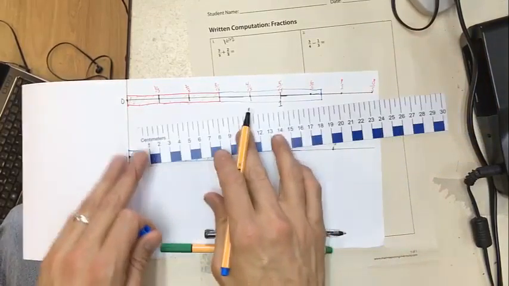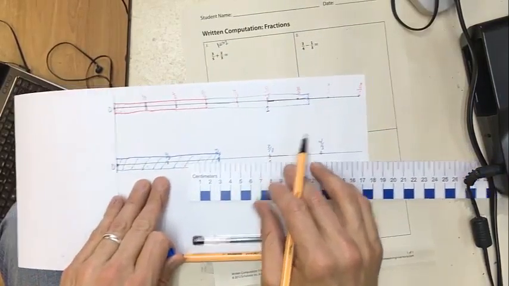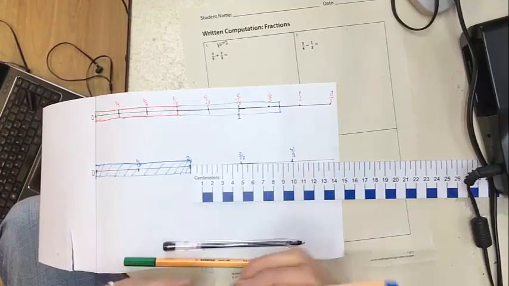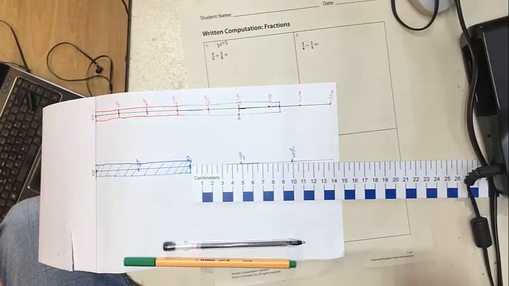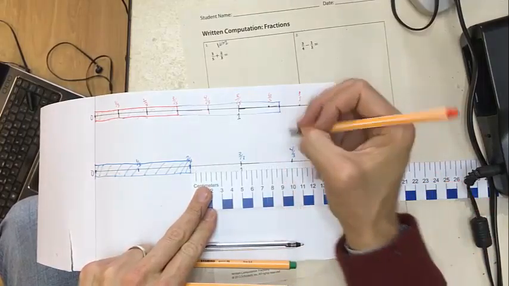Let me see if I add this rectangle, which was 9 centimeters, to this one down here. Oh, that doesn't look like it's going to work either. So that would be about here, right?